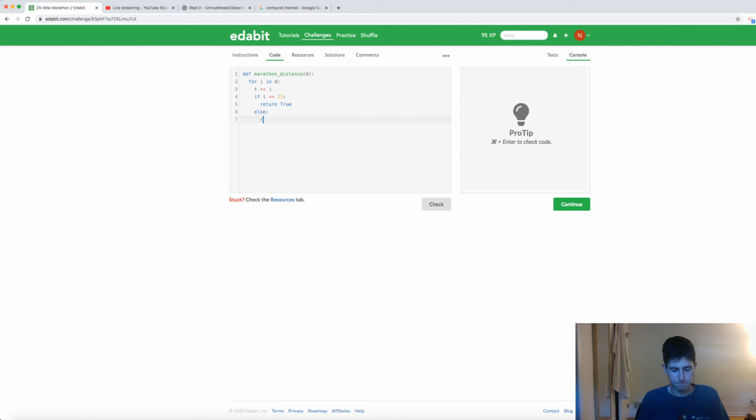And in Python, you don't even need the return, but I just like typing it because it's muscle memory for other stuff. Okay? Oh, t, we have to define t, my bad. We'll just say t equals 0 for now.